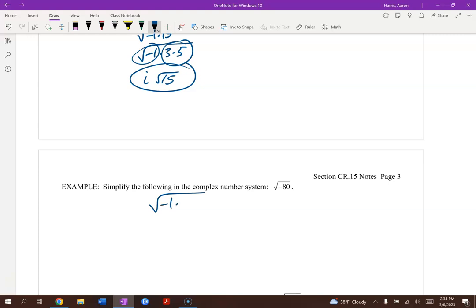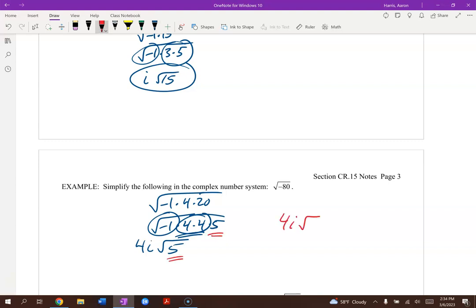Let's keep going. 80, -1, and factor 80 into, would that be 4 and 20? Or you know what? Let me do 4 and 4 and 5. All right. Square root of 16 is 4. There's my i that comes out. Square root of 16 is 4 comes out, and I'm just left with a leftover 5 underneath, right? So this is just 4i root 5.